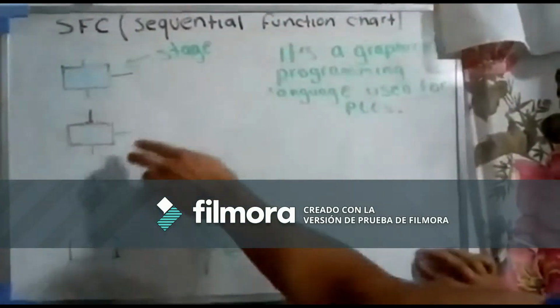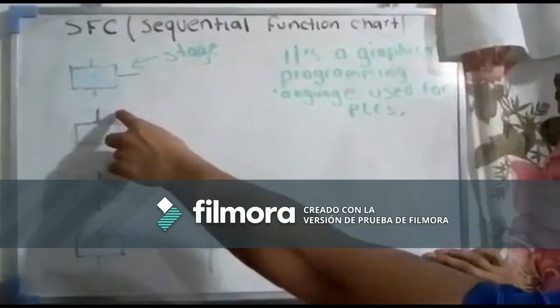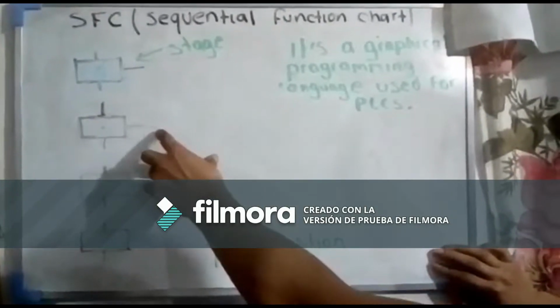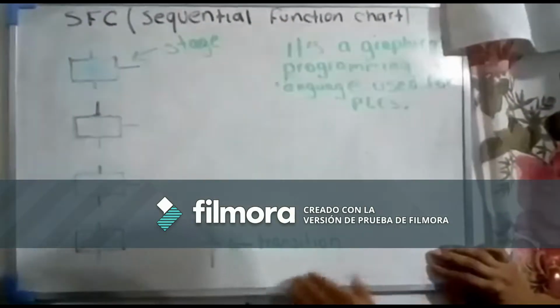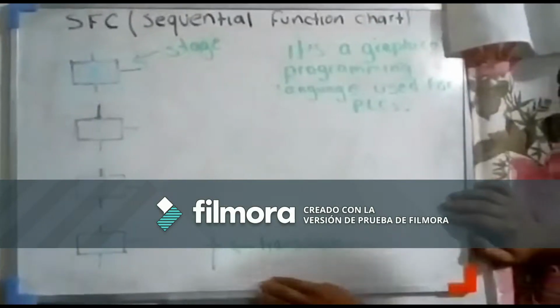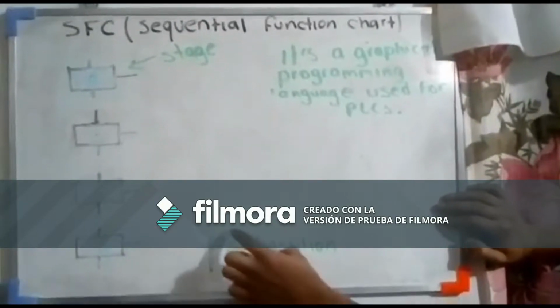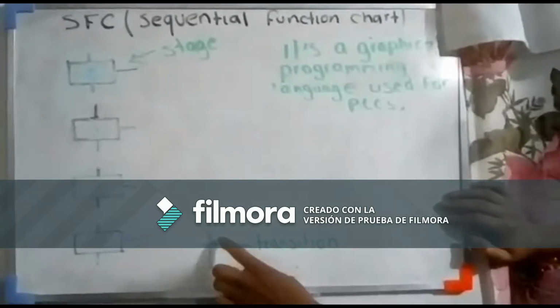These three connections mean these inputs and these outputs, and here we have actuators or marks, and on the other hand we have this symbol called transition to join stages.